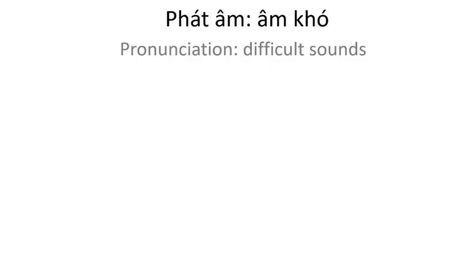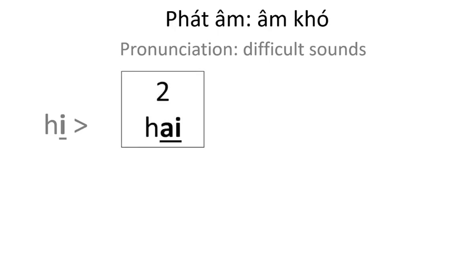Now, along with single vowel sounds or monophthongs, we also have diphthongs, as in the English hi. And in Vietnamese, this is hay. Two vowel sounds combined together, a, e, ai, hay. Now, in this word, hay, the a sound is longer.